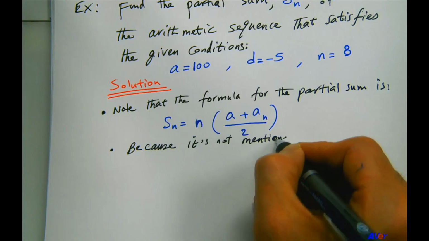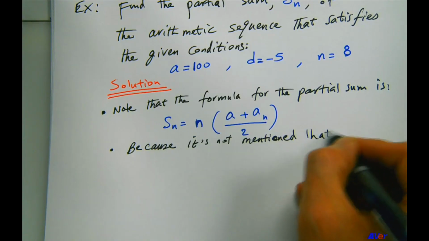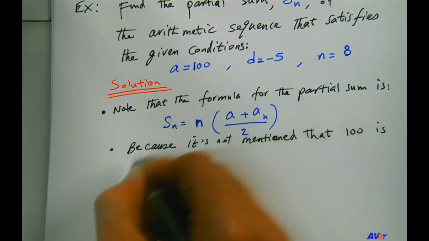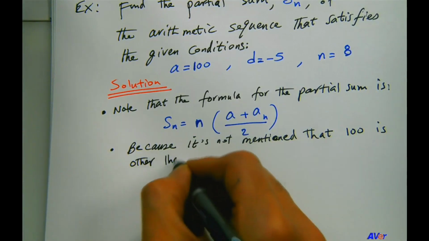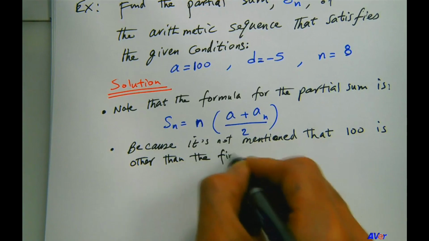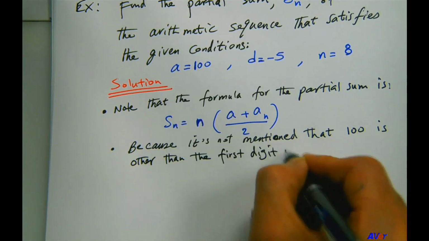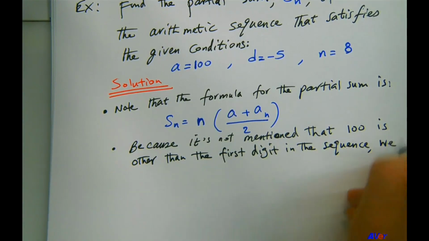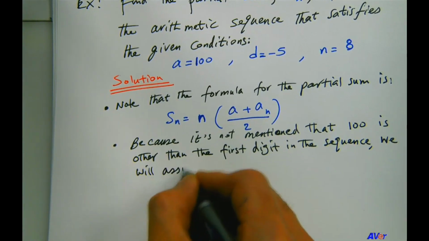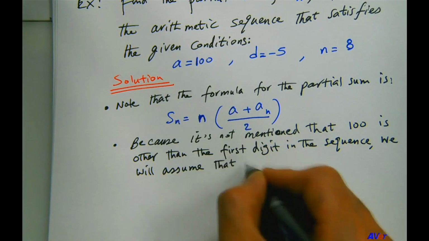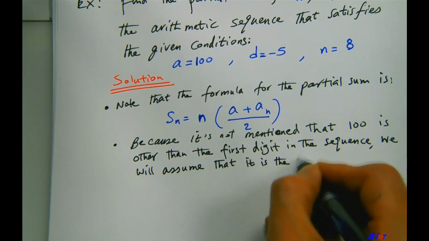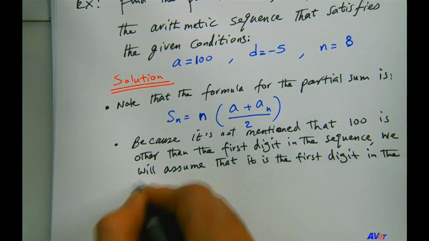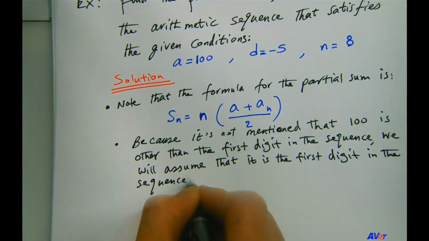Because it is not mentioned that 100 is other than the first digit in the sequence, we will assume that it is the first digit in the sequence.